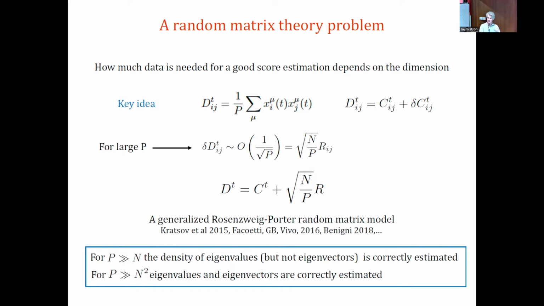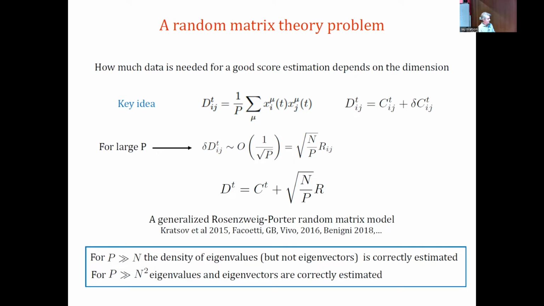But the eigenvectors are completely different in principle. If P is much larger than N squared, so if you have much more data than dimension, then really you have a convergence between D and C, meaning that the eigenvalues of C are the same as the eigenvalues of D, up to subleading terms, and the eigenvectors are also oriented exactly in a good way. Okay, so this is what happens for the deterministic matrix plus GOE.